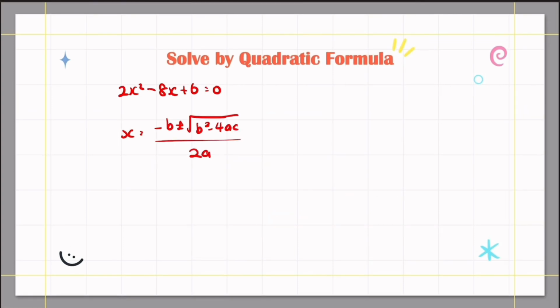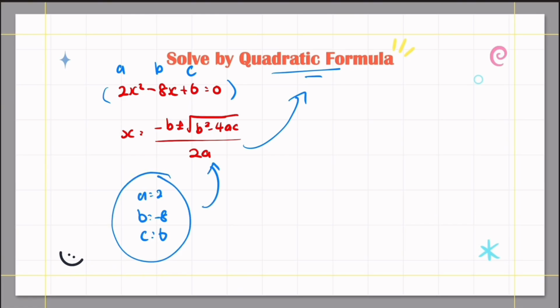Okay, so the last method is to solve by the quadratic formula. First we need to know that this is the quadratic formula, and from this equation we know that a equals 2, b equals negative 8, and c equals 6. Then we just substitute these three values into this formula to get the value of x.